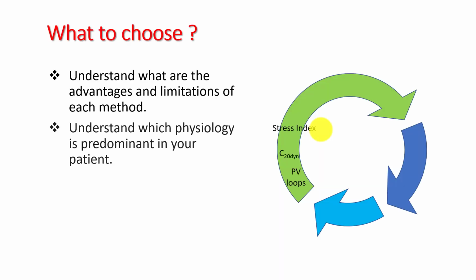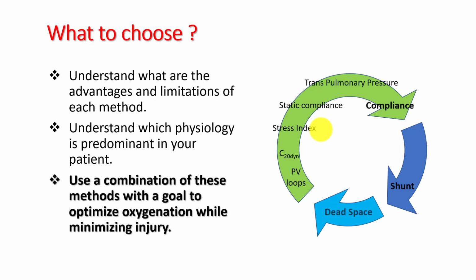You have to understand that different patients have different needs. Understand what the advantages and limitations of each method that we talked about are, and try to figure out which physiology is predominant in your patient and what you really want your PEEP to do for you. Use a combination of these methods with a goal to optimize oxygenation while minimizing the lung injury.